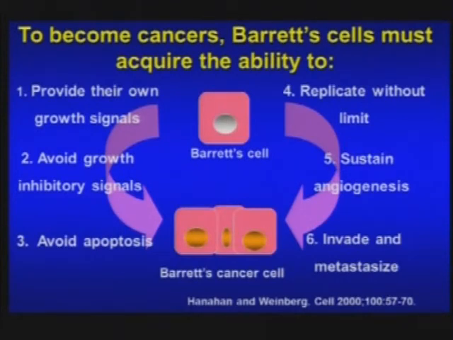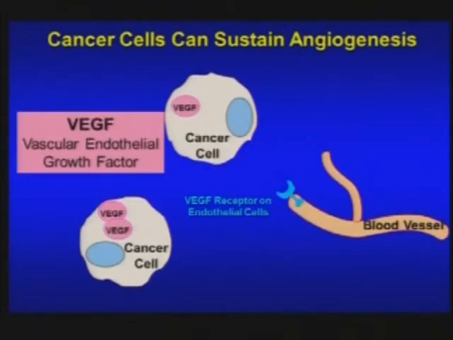Another hallmark for Barrett cells to become cancer is the ability to sustain angiogenesis, which is the synthesis of new blood vessels. So this cartoon illustrates how cancer cells go about sustaining angiogenesis. Tumor cells themselves can secrete vascular endothelial growth factor, as well as other growth factors to support angiogenesis.